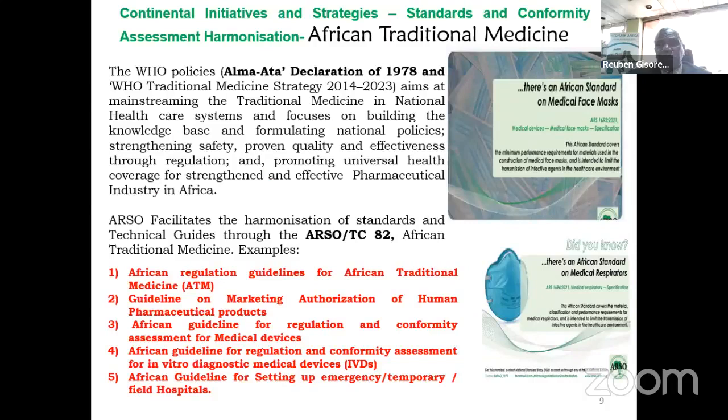And is it possible at some point for this continent, utilizing standards and conformity assessment, to be able to provide quality and safe healthcare systems? So these are the questions that we should be looking at.